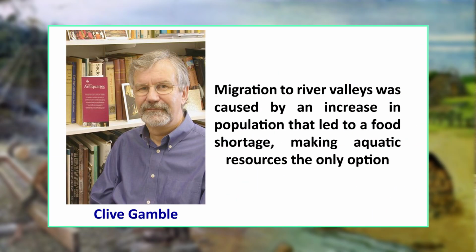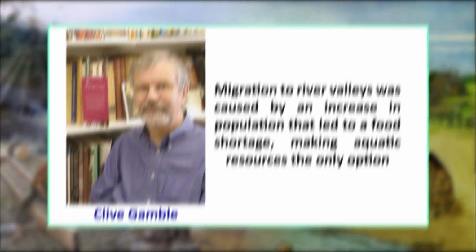Communities were able to become sedentary and accommodate population growth due to abundant water supplies. One more archaeologist, Clive Gamble, argues on the other hand that the migration to river valleys was caused by an increase in population that led to a food shortage, thus making aquatic resources the only option.